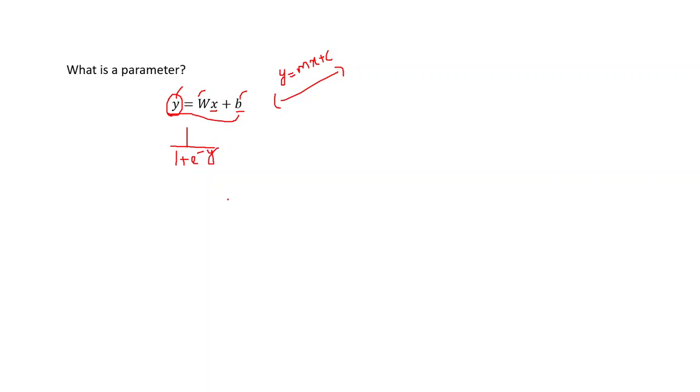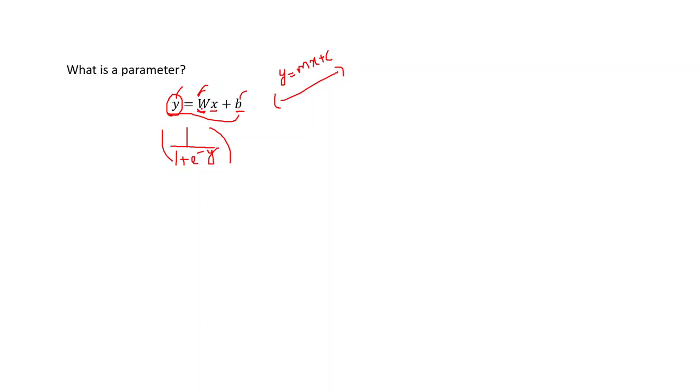So what I'm trying to say here is, no new parameters like a, b, c, d or anything have been introduced in this activation function. It is straight away taking this output and working with that. But in this case, we are using this W and B, which can be changed.